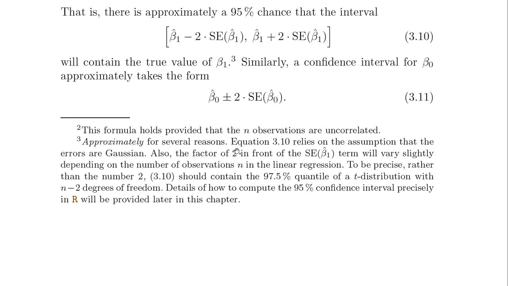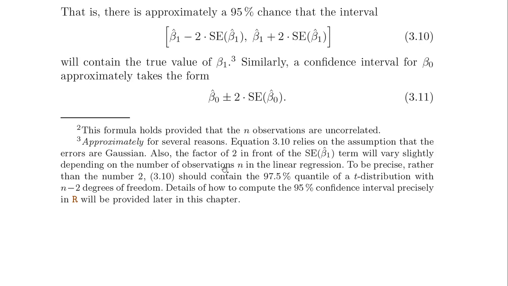Also, the factor of 2 in front of the standard error of beta 1 hat term will vary slightly depending on the number of observations n in the linear regression. And this is interesting. To be precise, rather than the number 2, 3.10 should contain the 97.5% quantile of a t distribution with n-2 degrees of freedom.